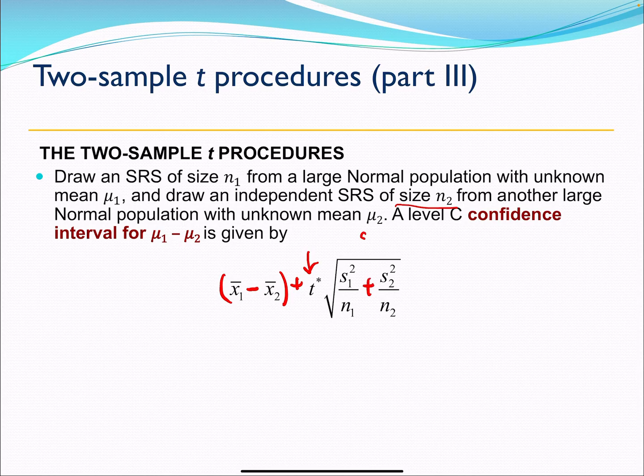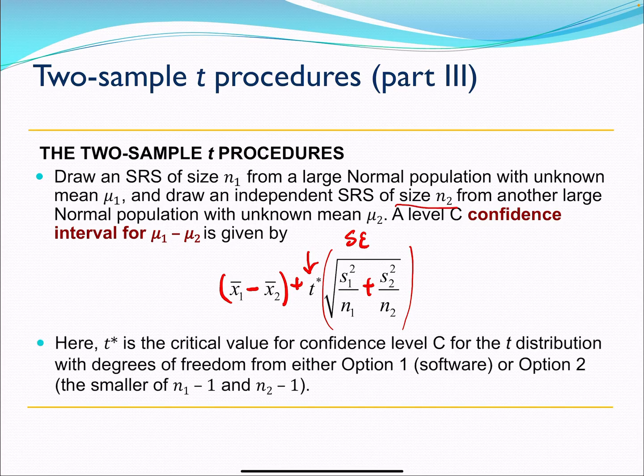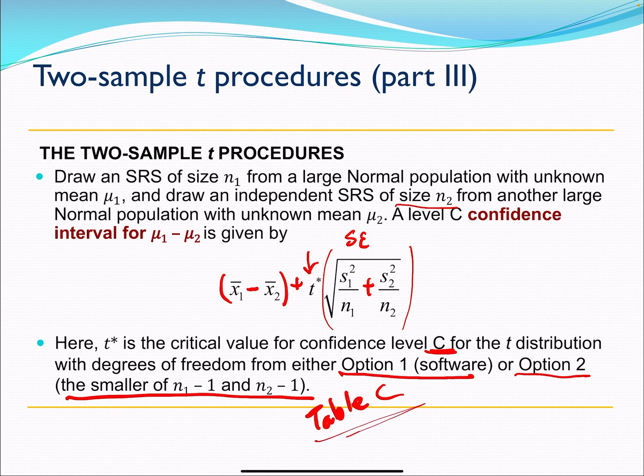Remember that all of this right here, this is our standard error. So t star is our critical t of confidence level C for the t distribution that you can find from software, or you can find by taking the smaller sample size and then taking a look at table C, which I have posted on our Canvas course and is in the back of the book.